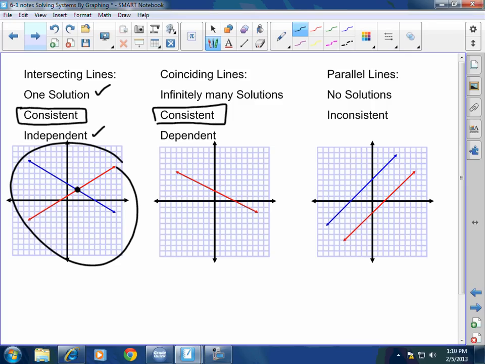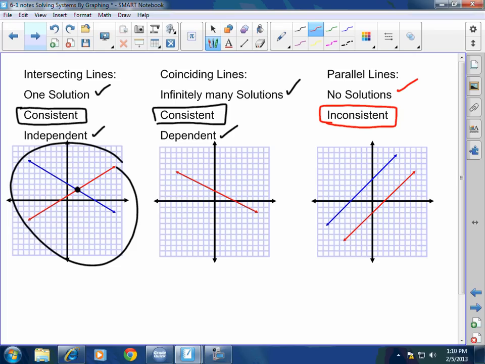When you have coinciding lines, that means the lines are the same line, you have infinitely many solutions, and that is a dependent. And then the last, but not least, is your inconsistent. That is your main category, inconsistent. And since the lines are parallel, you have no solution.